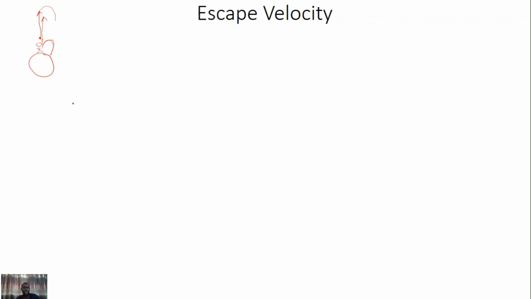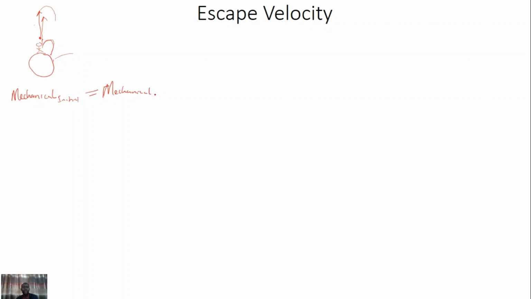Using the principle of conservation of energy, when a body is thrown from a planetary body, the principle of conservation of energy states that the initial mechanical energy of that body will be equal to the final mechanical energy.